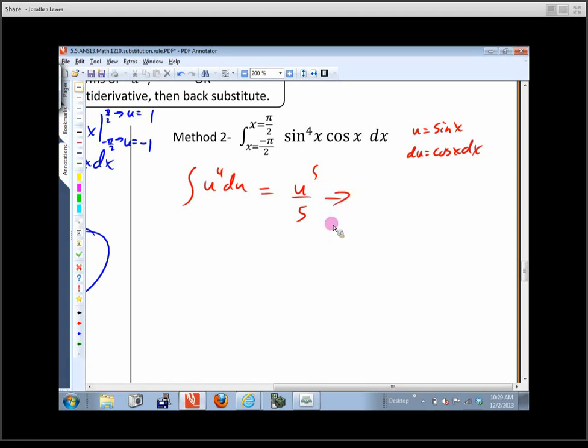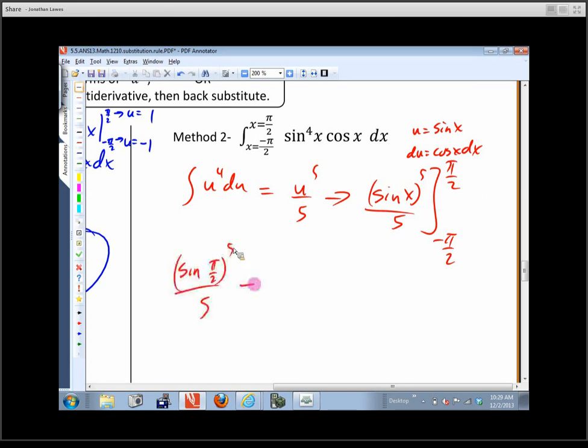And now I change this back. I'm going to change this back to sine of x to the 5th over 5. And now I go ahead and evaluate it from negative pi halves to pi halves. So this is going to be the sine of pi halves raised to the 5th over 5 minus the sine of negative pi halves to the 5th over 5.